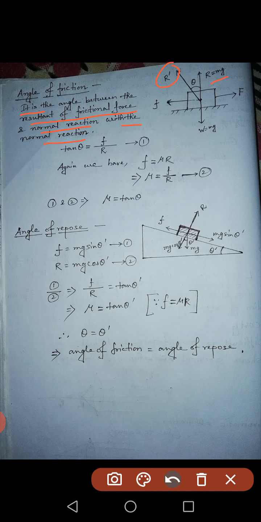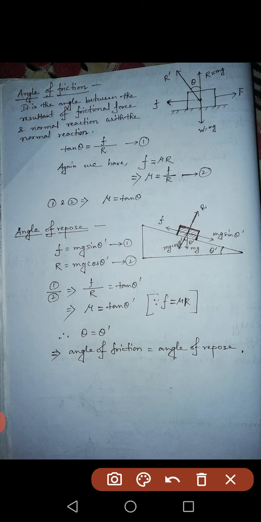Okay. Now we will find a mathematical expression for this angle of friction. We know that free vectors can be shifted from one position to another without changing their magnitude and direction.